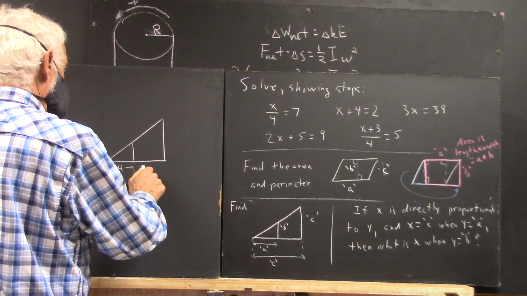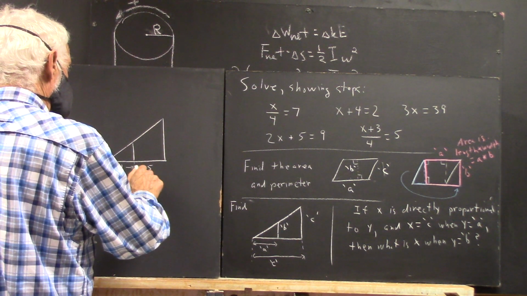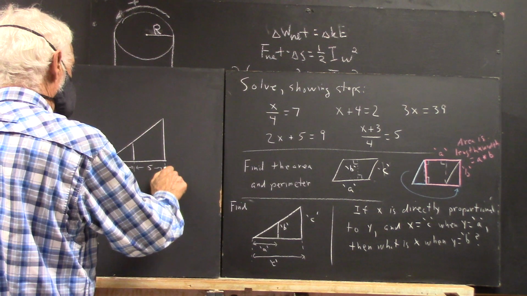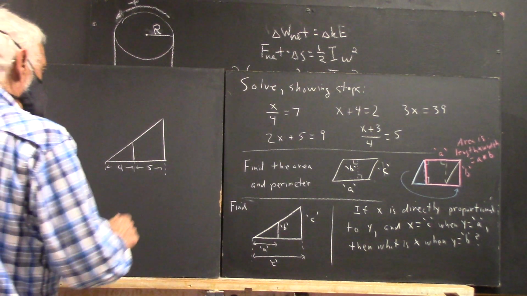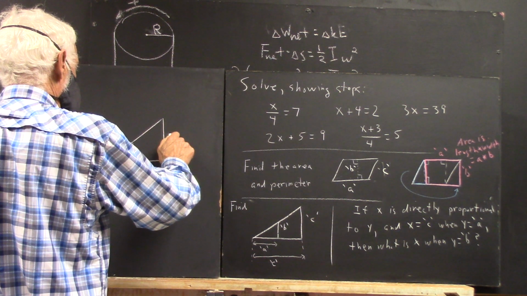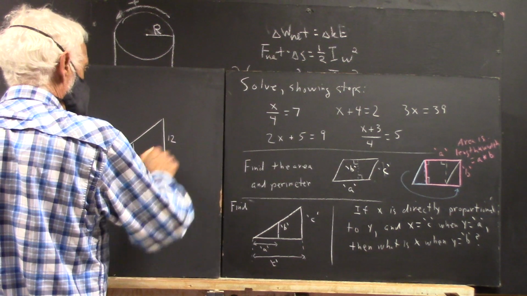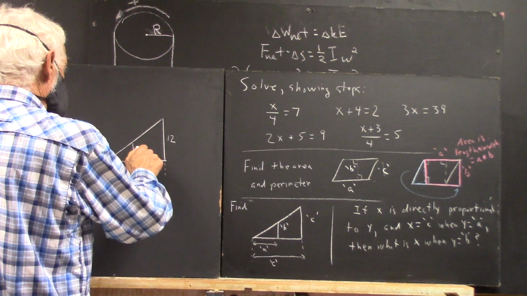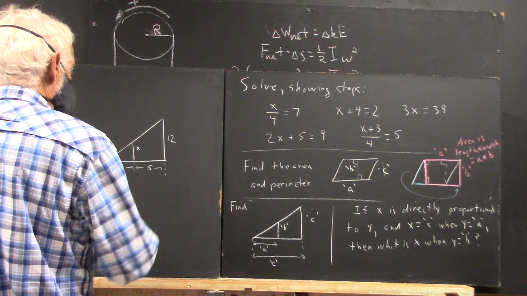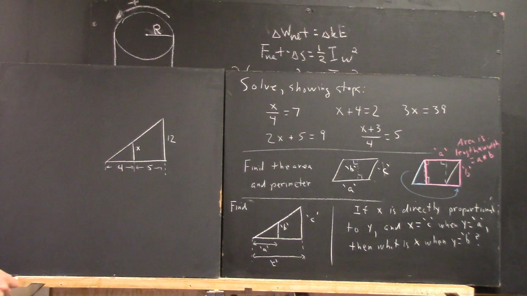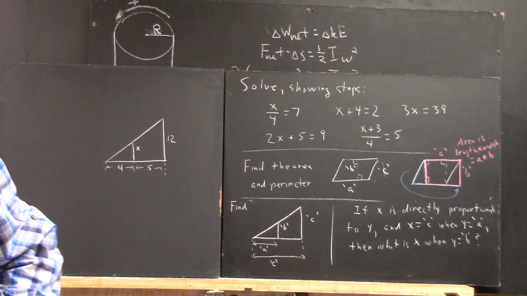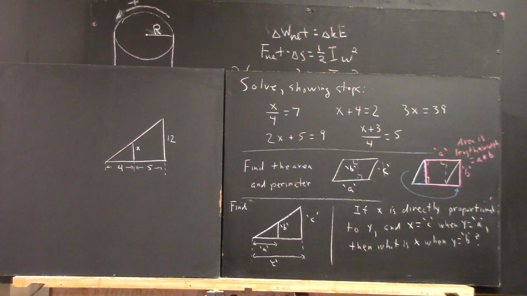And changing it a little bit, let's say this is 5. And let's say this is 12. And this is X. How would you be able to tell me what X is?